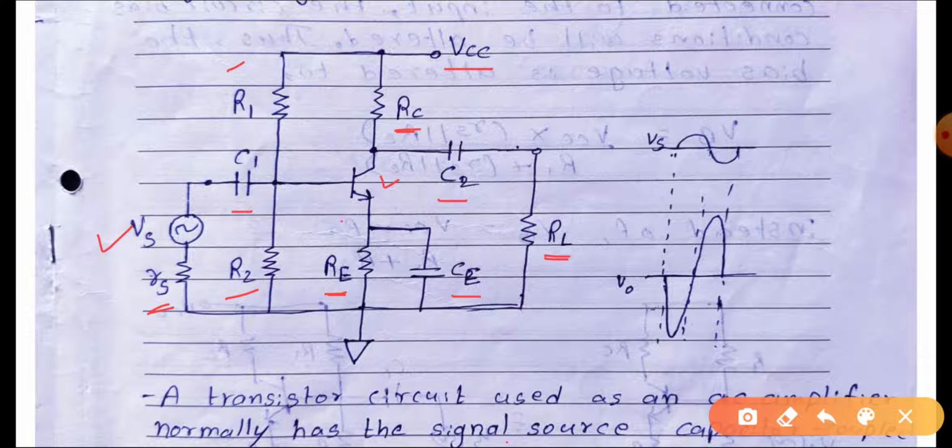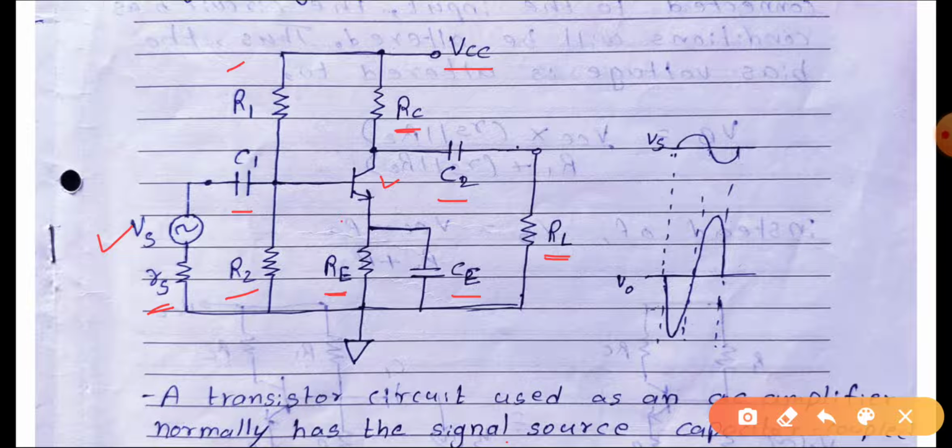That is why we want this transistor to operate in the active region. We already studied three different regions: active region, cutoff region and saturation region. For the amplifier to perform amplification action, you must keep the operating point of the transistor in the active region.